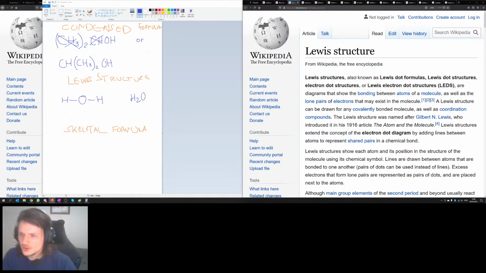Lewis structures, also known as Lewis dot formulas, Lewis dot structures, electron dot structures, or Lewis electron dot structures, are diagrams that show the bonding between atoms of a molecule, as well as the lone pairs of electrons that may exist in the molecule.